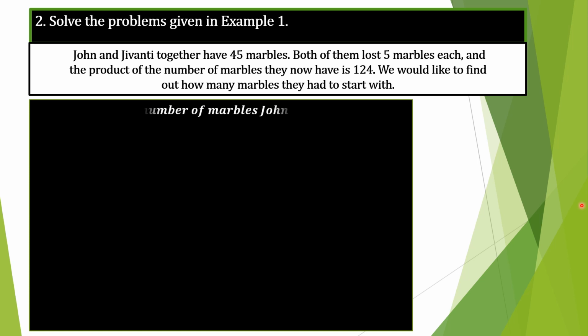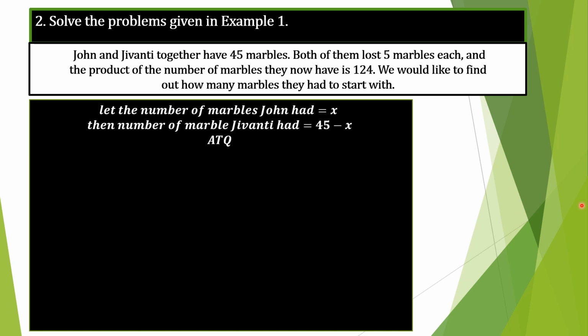Let's extract the equation. First of all, let the number of marbles John had be x, then Jivanti will have 45 minus x. They lost 5 each. John and Jivanti both of them lost 5 marbles. So John will have x minus 5 marbles and Jivanti will have 45 minus x minus 5, meaning 40 minus x.